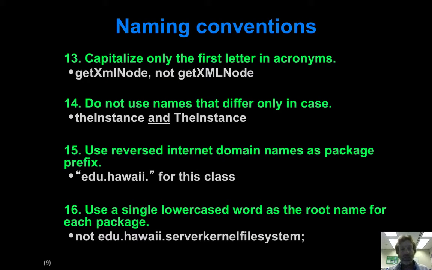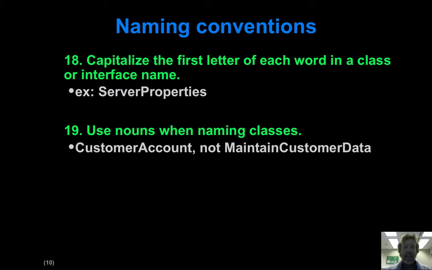For packages, use reverse internet domain names. Try to use single words for each package. If you have something like server kernel file system, it's probably not a good package name. It probably also means you're grouping together a number of things that should actually be in separate packages into one package. In a class, you want to capitalize the first letter of each word, including the first word.